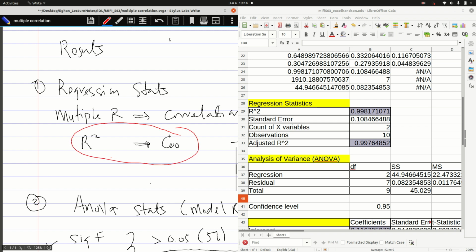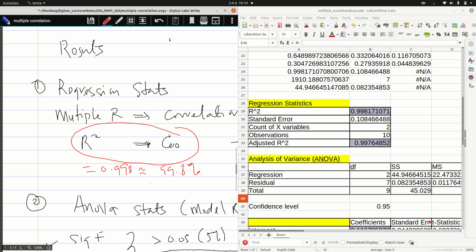Here we had R square 0.998, which is almost 99.8%. So it means that my stock A and stock B are explaining the variability in my market value by 99.8%. That means a big deal for my market value.